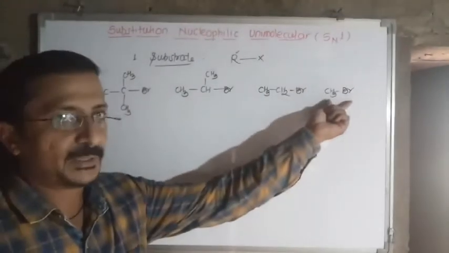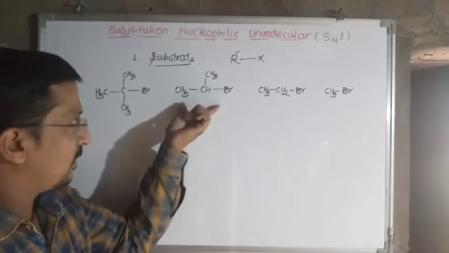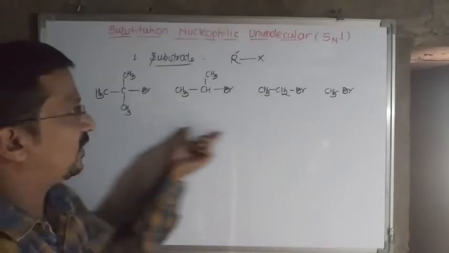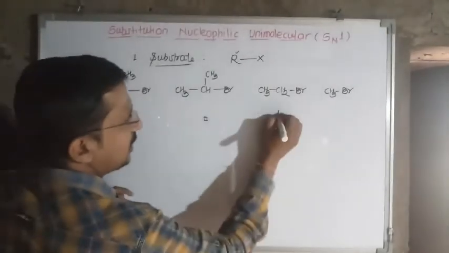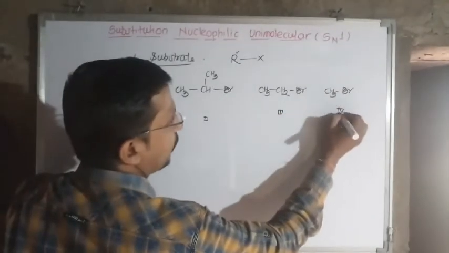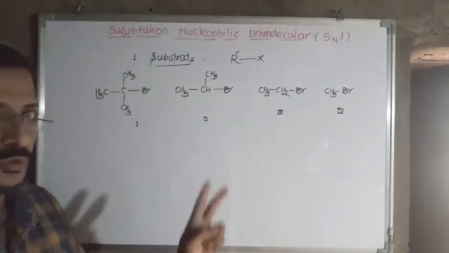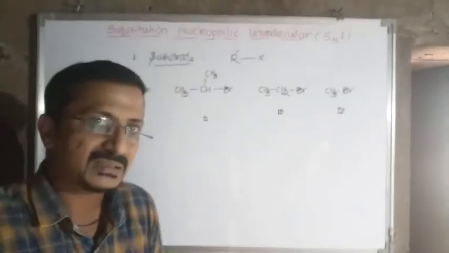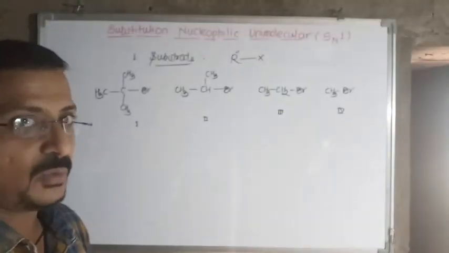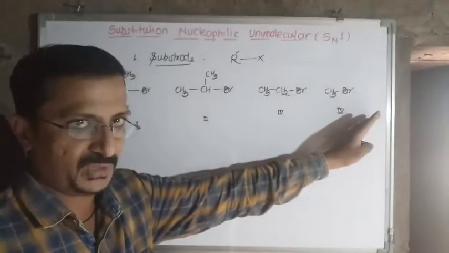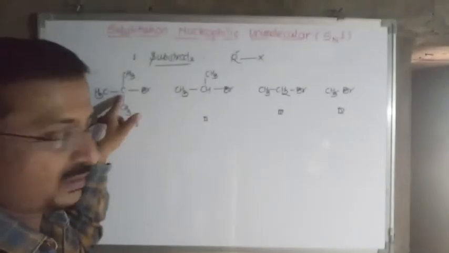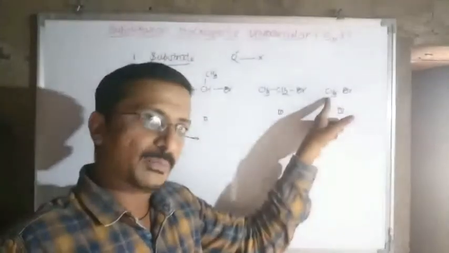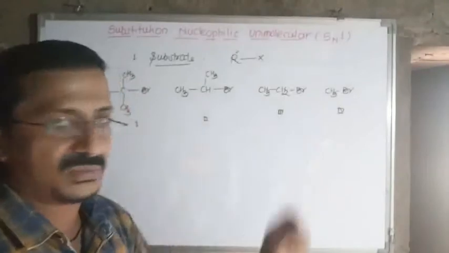This is tertiary butyl bromide, isopropyl bromide, ethyl bromide, and methyl bromide. Going from first to fourth, from left to right, the steric hindrance or crowding factor decreases. In the first case the steric factor is more at the carbon, but in the fourth case the steric factor is much less.